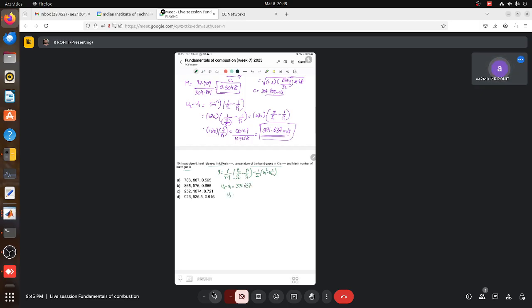So from here U2 is nothing but 371.637 plus 92.905, so you get close to 464.546 meter per second.